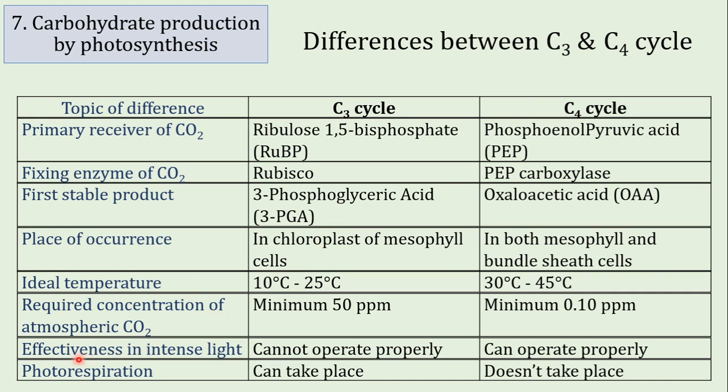So this phenomenon is called photorespiration, which is very common in C3 cycle, but in case of C4 cycle, the photorespiration does not take place because they can manage the situation well to proceed the C4 cycle. From the discussion of the differences between these two cycles, we can understand that C4 cycle is very much more efficient than C3 cycle in terms of utilizing the carbon dioxide, in terms of operating at higher temperature, etc.